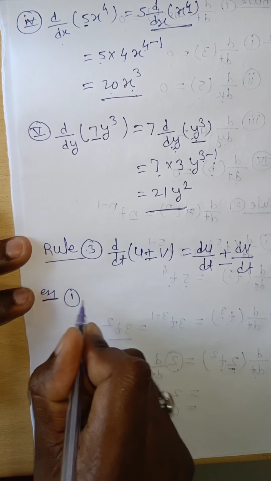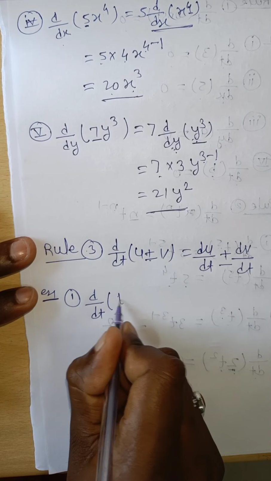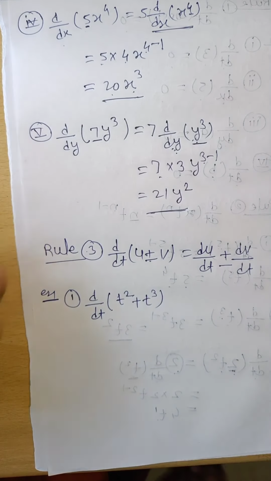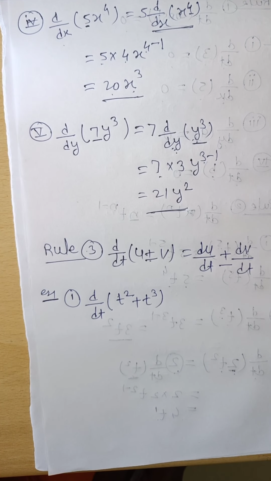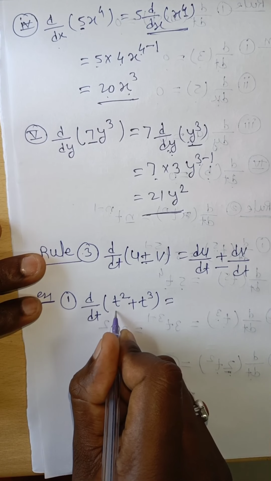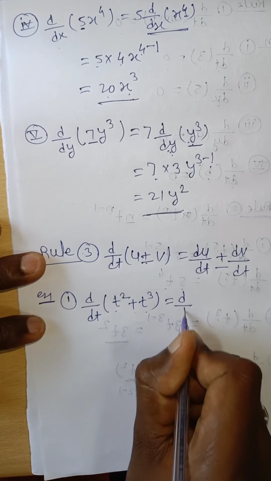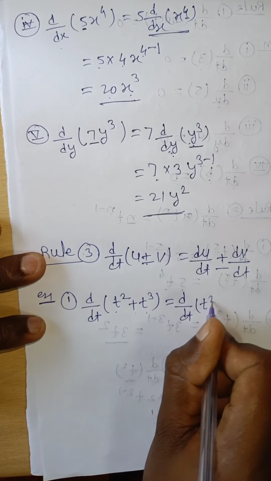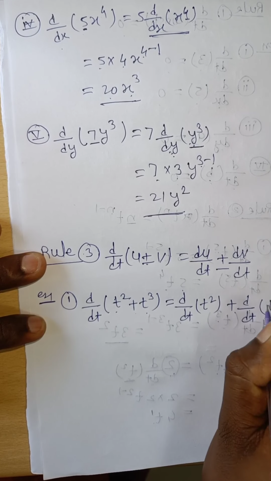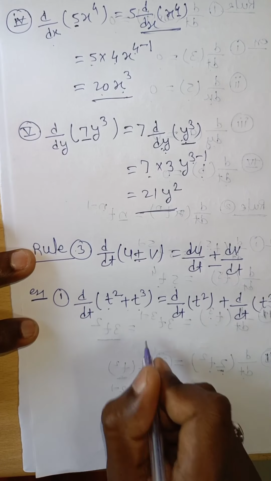Now suppose d by dt of t square plus t cube. Then this is nothing but differentiation of the first function plus differentiation of the second function, that is d by dt of t square plus d by dt of t cube.